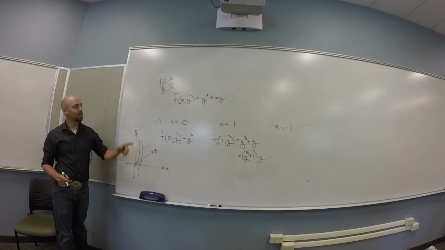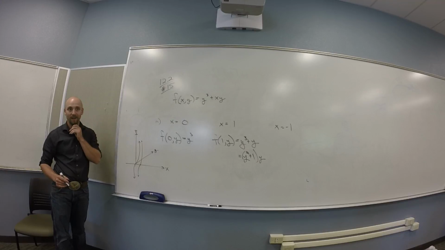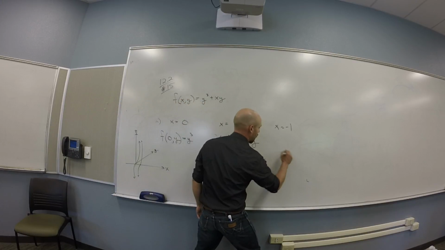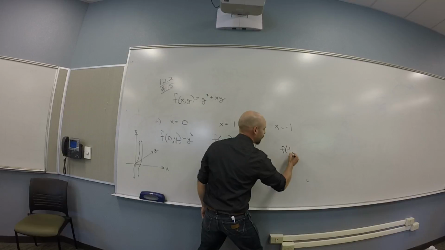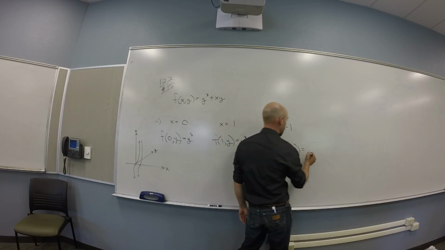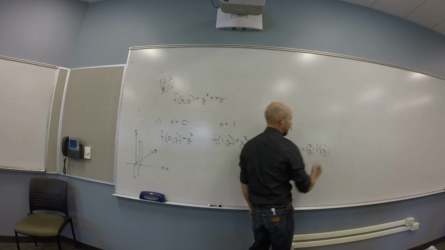Okay. Now what about the other one? At x is negative 1. It's y cubed minus y. So I'm going to get f at negative 1 and y is y cubed minus y, right? Which is y squared minus 1 times y.